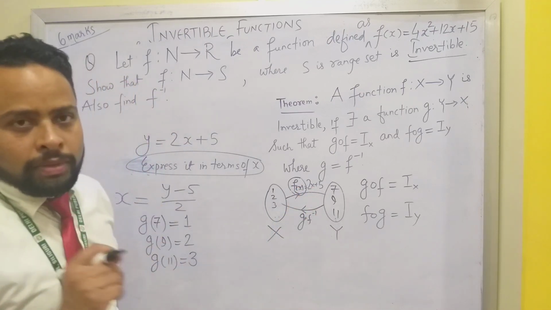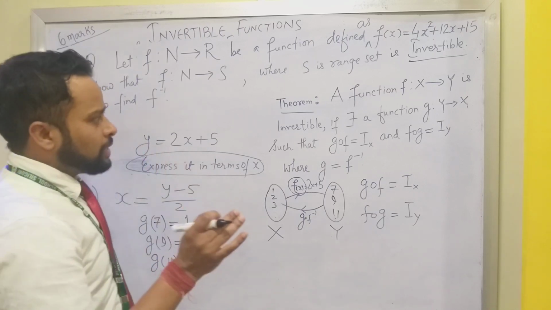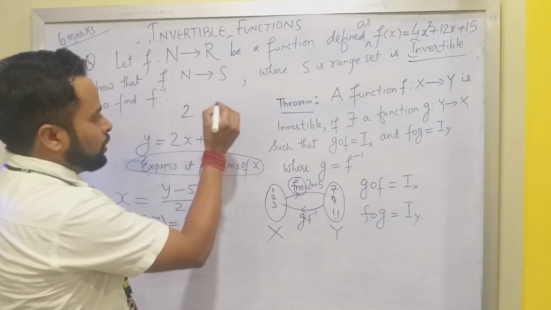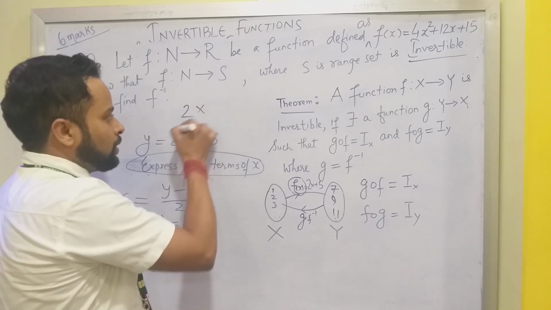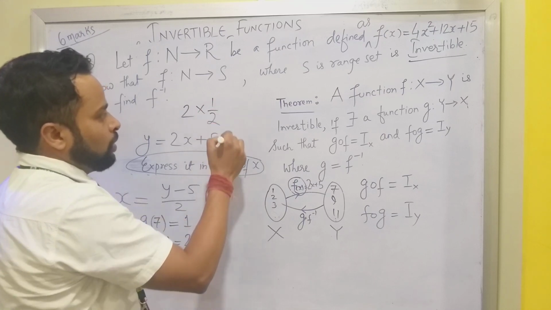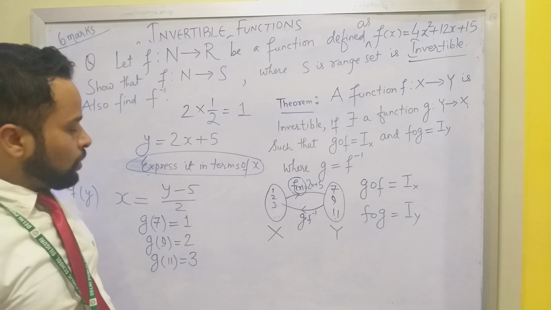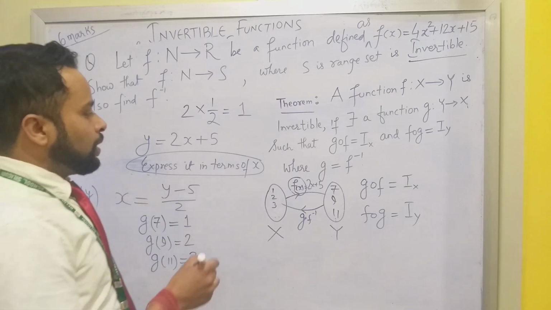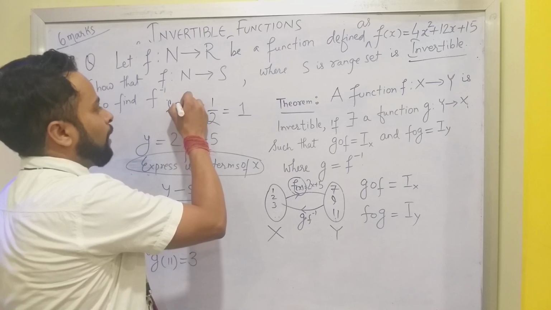Moreover, if you want to understand the meaning of inverse in very simple language, 2 is a number. If I multiply this number with its inverse, that is 1 by 2, I get the identity number 1. Suppose this 2 denotes f of x.